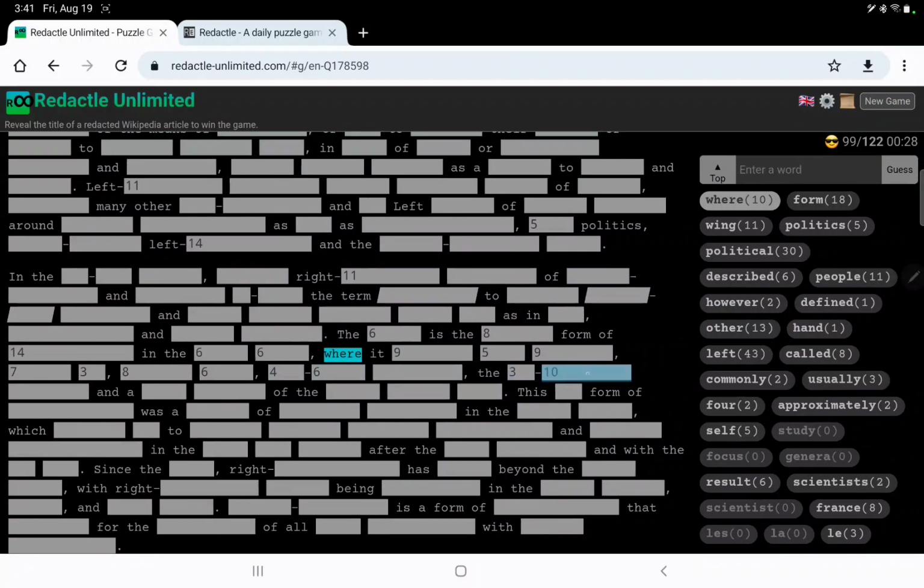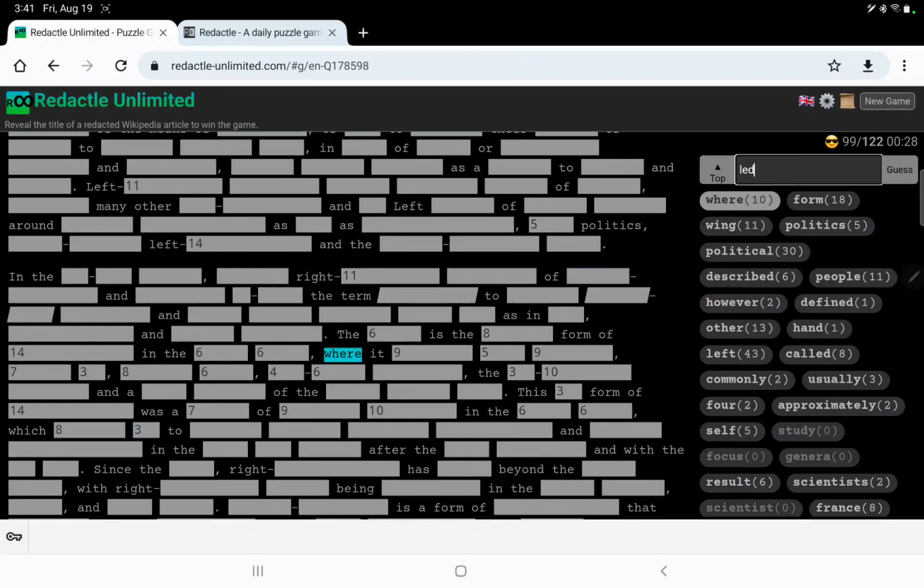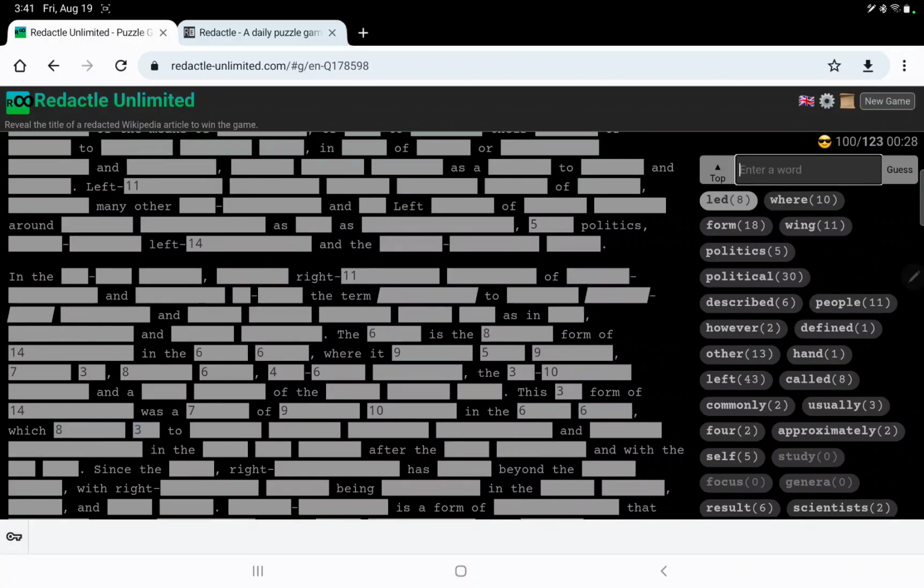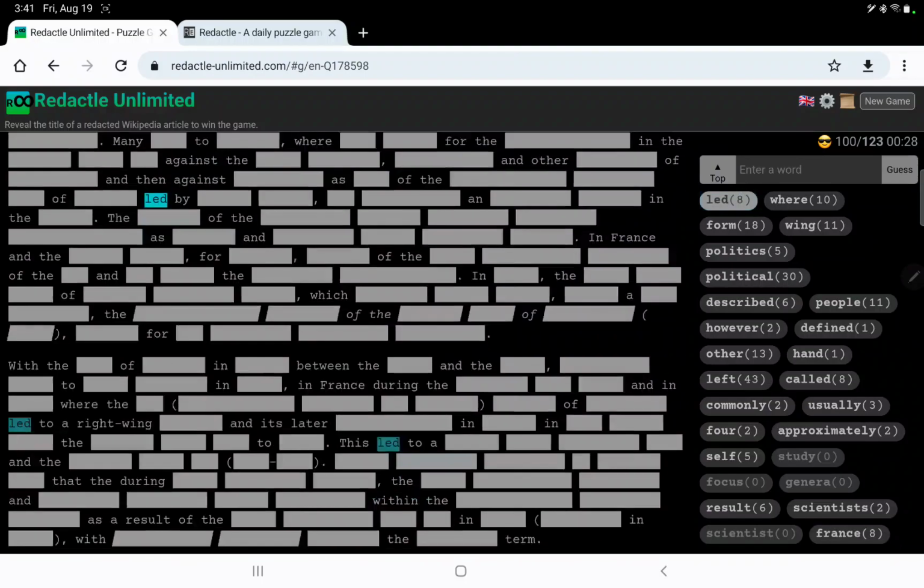And then we have some more hyphenated words. This something form of 14 was a 7 of 910 in the 6-6, which something led to. No, we do have some leads.